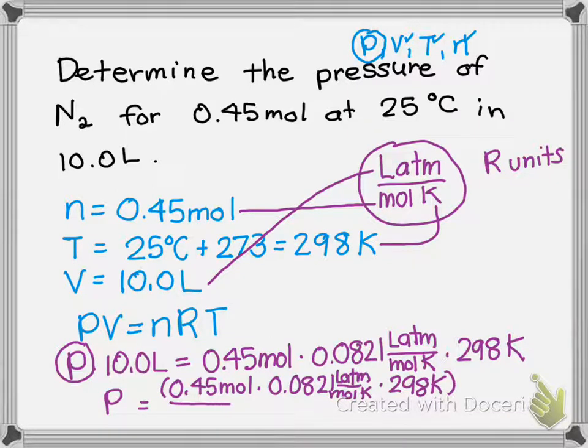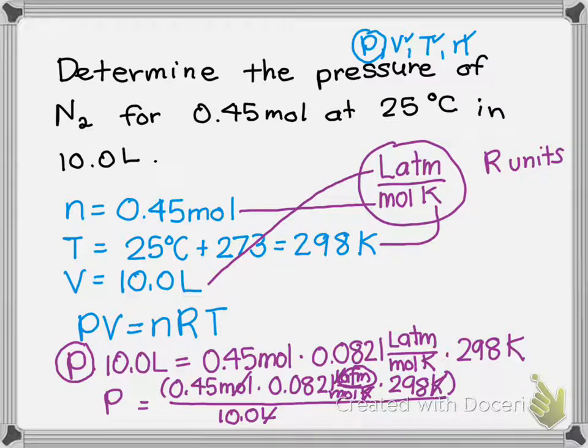That's the numerator, divided by 10. Now, just looking at the units before we plug in, liters cancel, moles cancel, Kelvin cancel, and what we have left is atmospheres, which are our units for pressure.